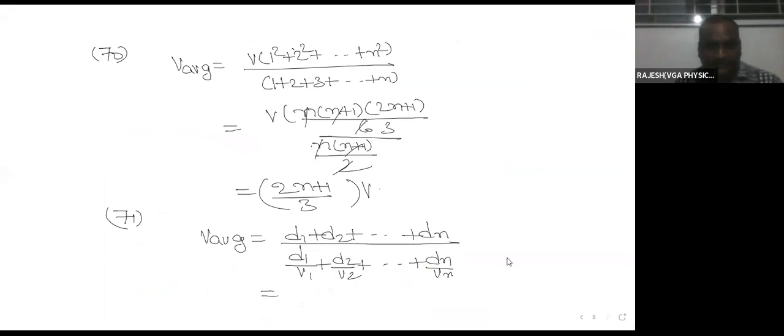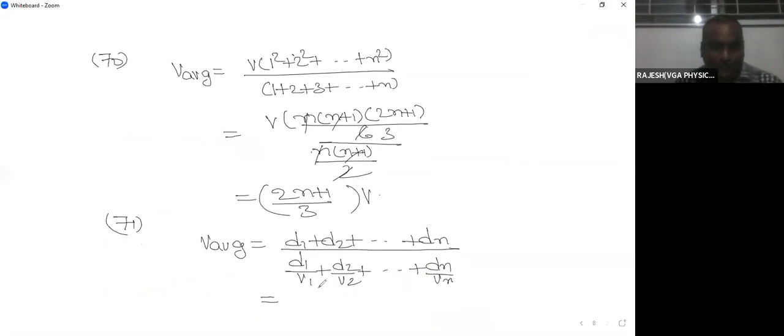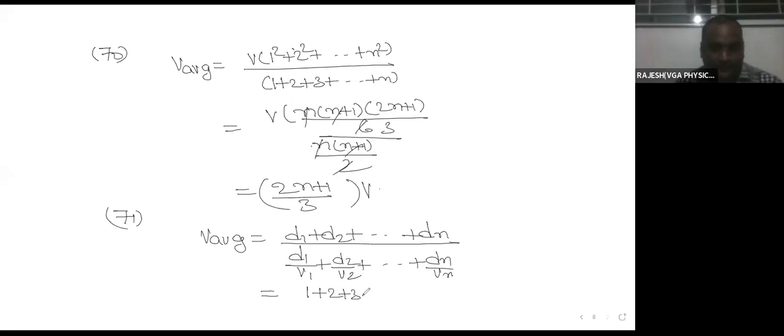So we'll add them: 1 plus 2 plus 3 plus so on up to n. Here distance, if you take d, it is d by 1d by 1v. So we have to write 1 plus 2 plus 3 plus so on up to n times d.